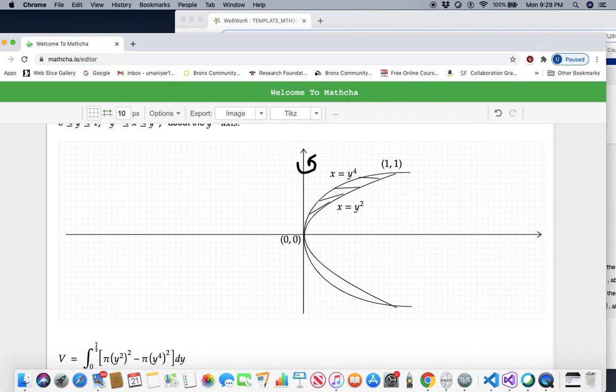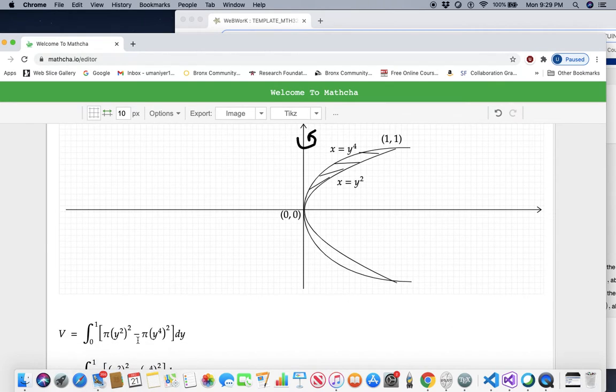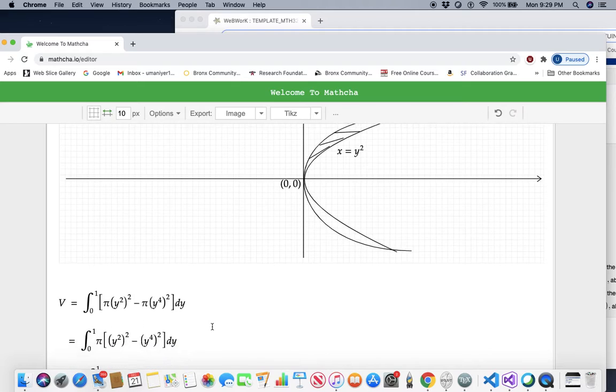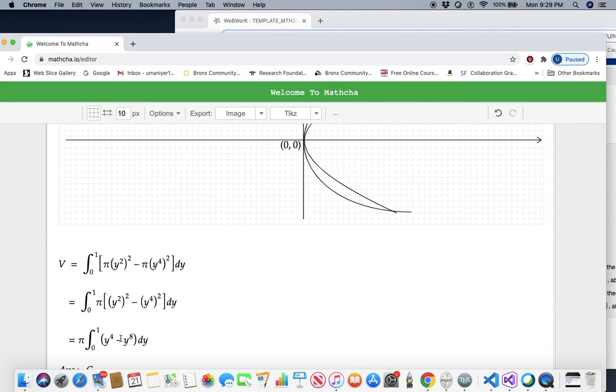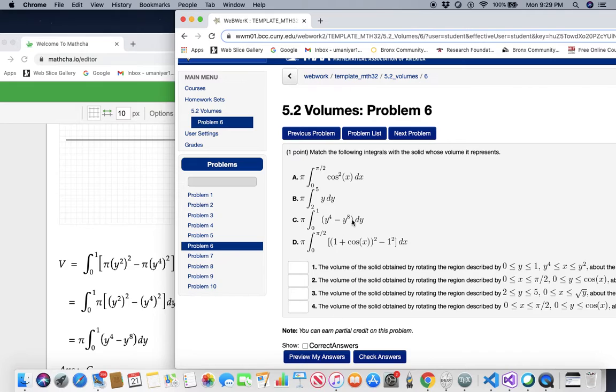So the integral from 0 to 1 of pi y squared squared minus pi y fourth squared, which is the integral from 0 to 1 of pi times y to the fourth minus y to the eighth. So the first one gets C.